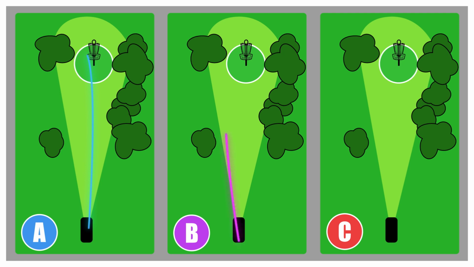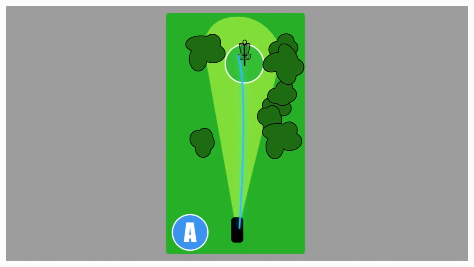Player B with the mid-range goes a fair amount past the basket. Player C with the driver goes way past the basket. Same exact error from all three players. Player A doesn't get penalized, player C gets penalized severely. Throw the slowest disc, the margin for error becomes large. The faster the disc, the smaller the window.